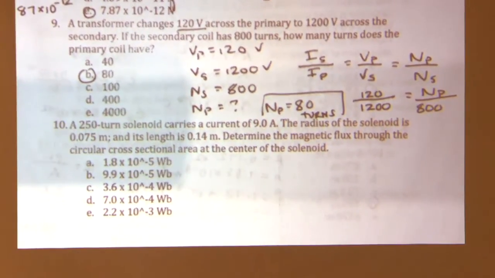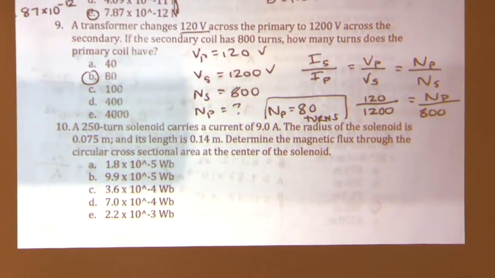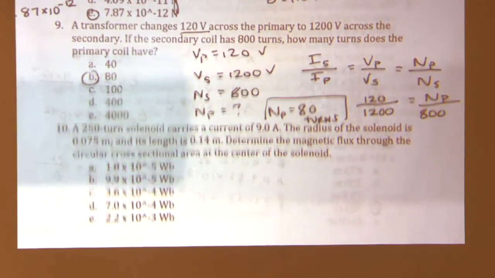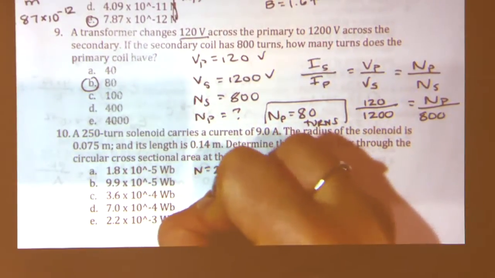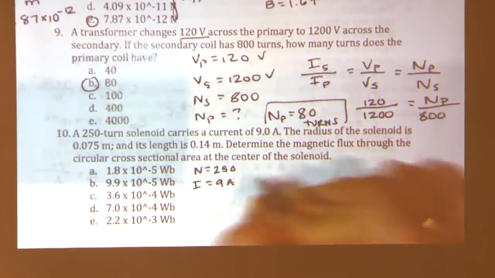So moving on to number 10, a 250 turn solenoid carries a current of 9 amperes. So N is equal to 250. Our current is 9 amperes.